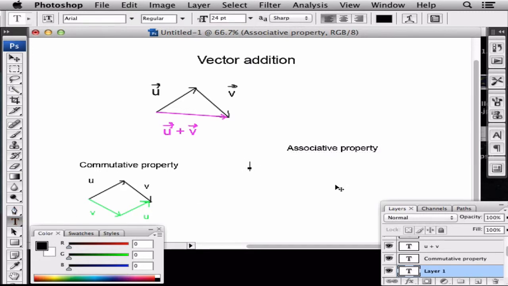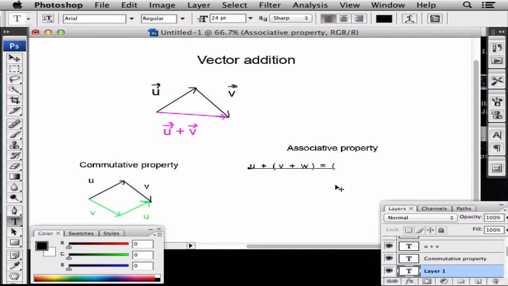It's a little more involved, but it's not that bad. So suppose we have 3 vectors. It just means that we can put the parentheses at any place and we get the same result.